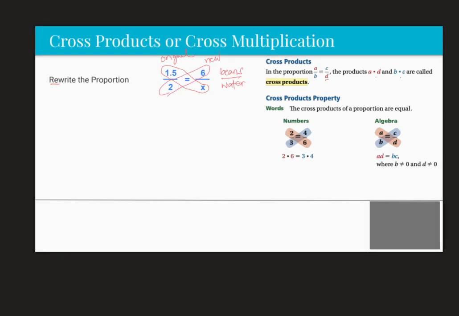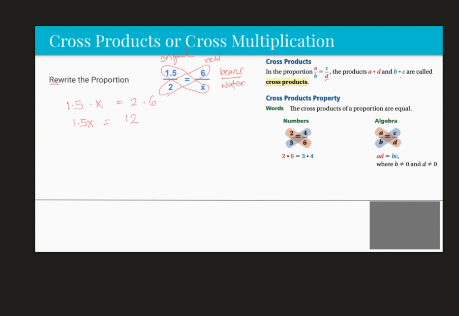And we're going to rewrite that as 1.5 times x is going to be equal to 2 times 6. Okay, so we're going to get our product. So 1.5x is equal to 2 times 6, which is 12.